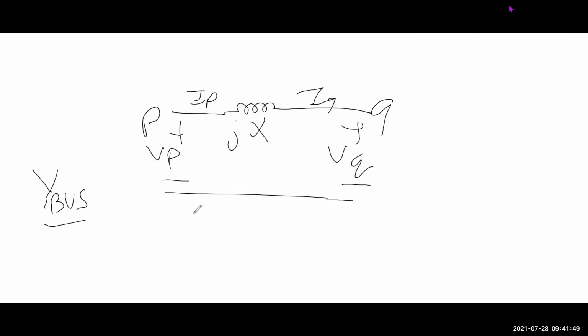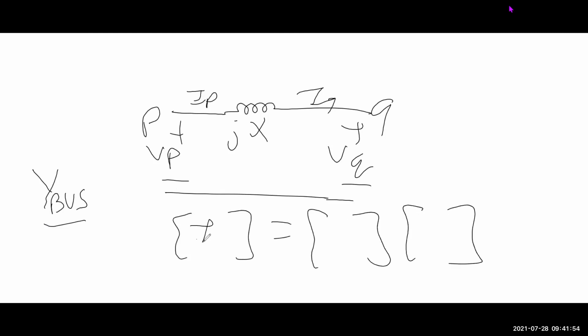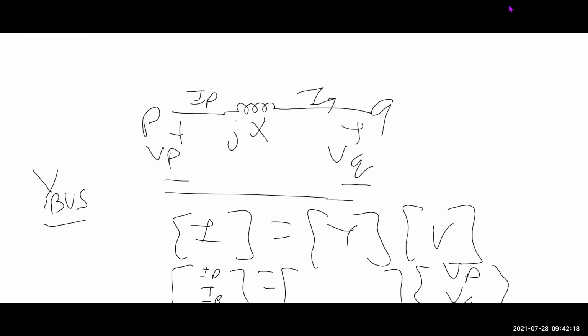Okay, now we'll draw. This would be the I matrix, this is the Y matrix, this would be your V matrix. Over here we have two buses, so it will be IP and IQ with VP and VQ. Now first will be 1 by jX.